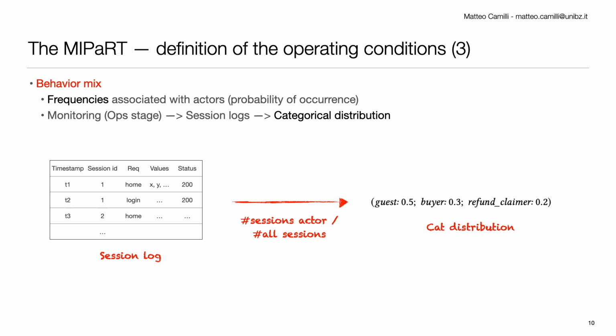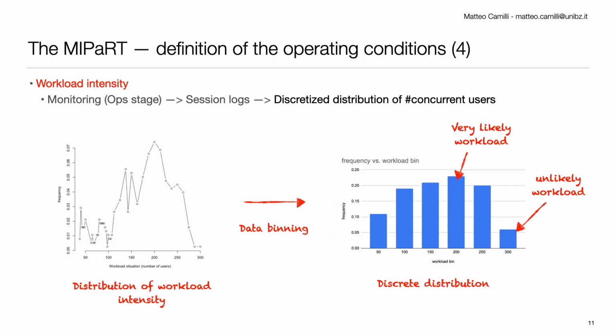So in this case, for instance, 50% of the actors are guests, 30% of them are buyers, and 20% of them are refund claimers.